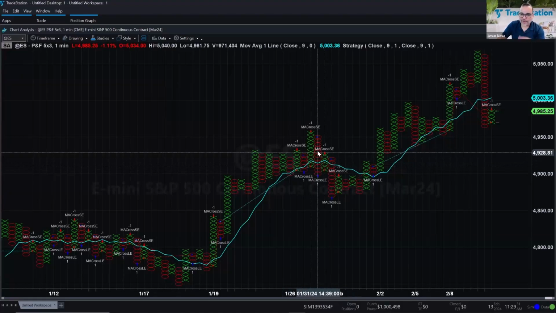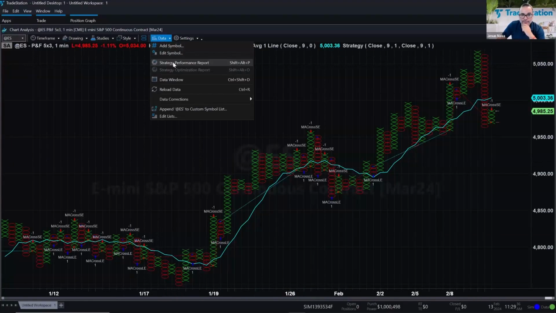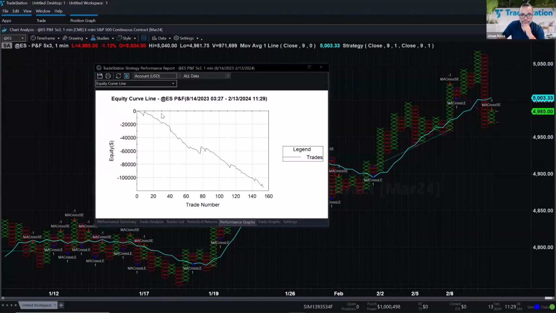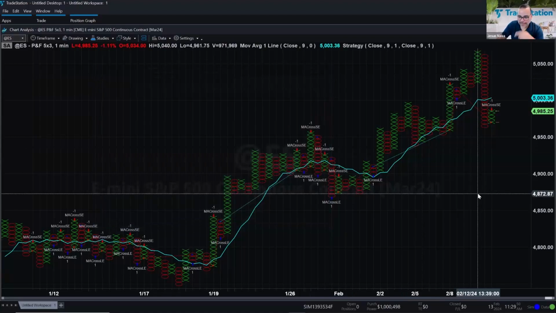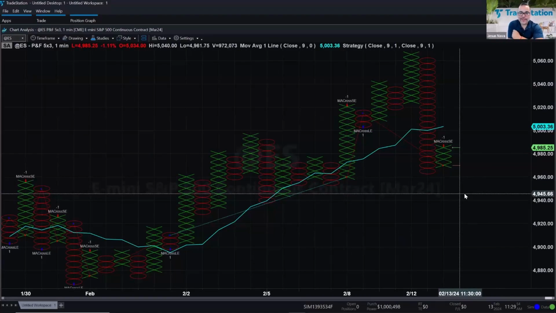You can see that they're all connected with the red line. If I go here to the data and go to strategy performance report, again, notice how we have a perfect 45-degree angle, but in the opposite direction. So if it were to trade this strategy going forward, you lose everything that is in your account based on the signals.